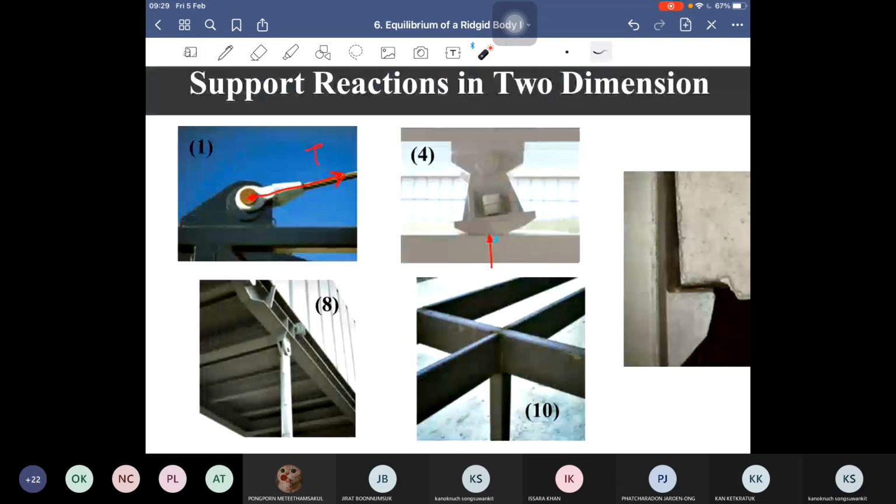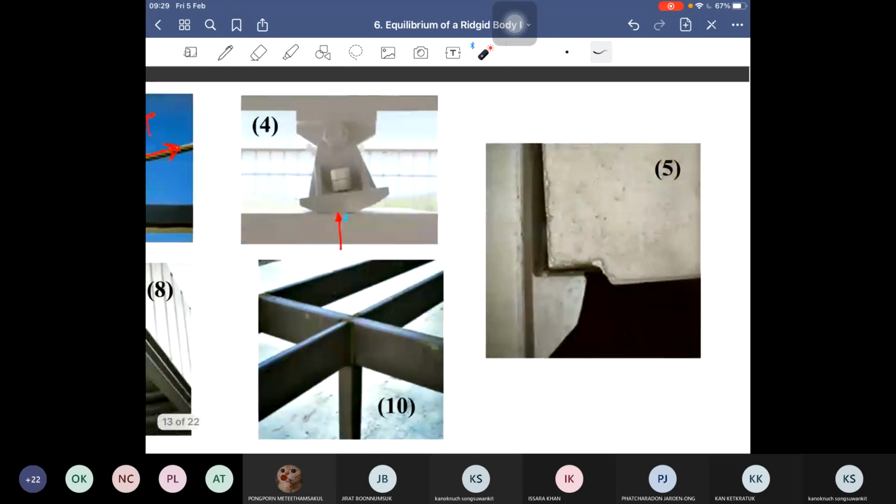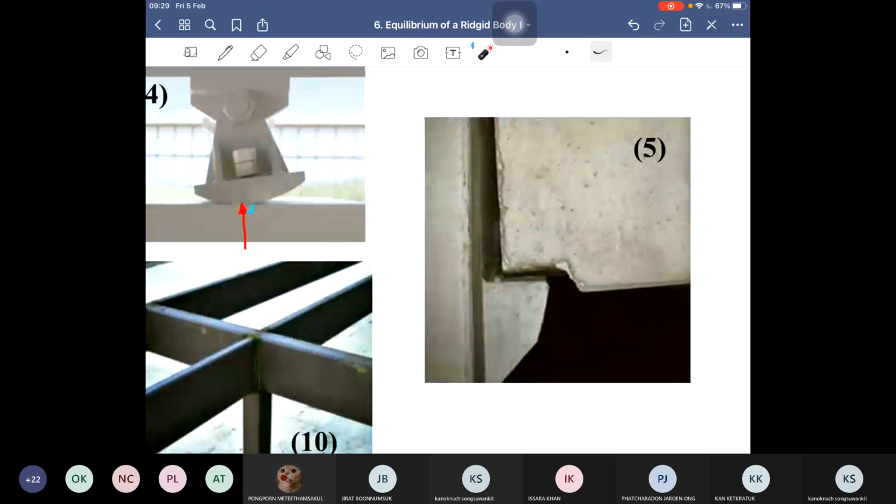Okay, support number 4 and support number 8 are quite flexible, right? Because they still can rotate about a point. On support number 5, this concrete girder lays on the ledge that is assumed to act on a smooth surface.